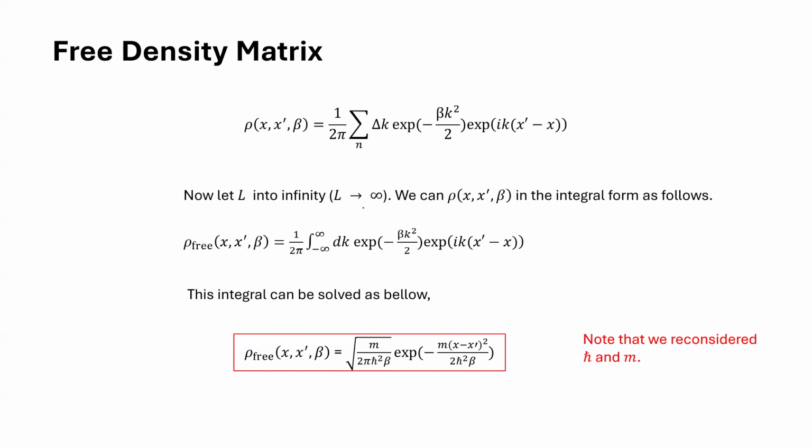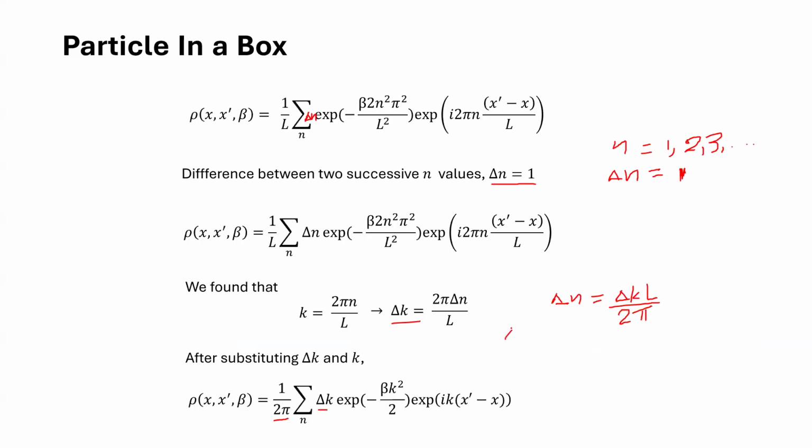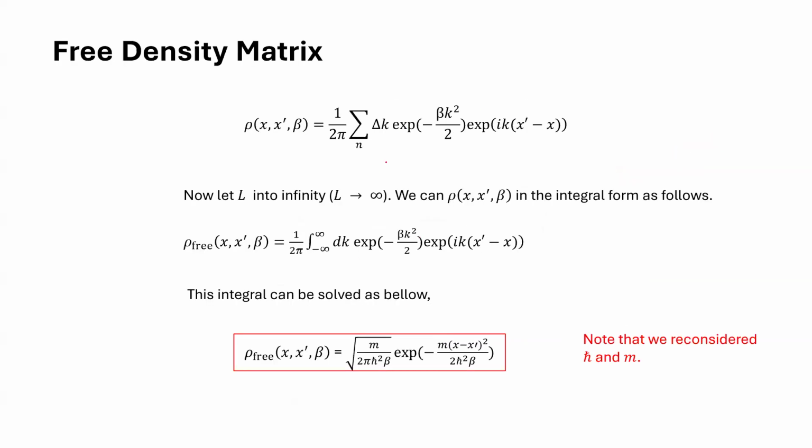So L goes to infinity for a free particle. When L goes to infinity, delta k becomes very small, because delta k is inversely proportional to L. So delta k goes to 0. Therefore, this becomes a continuous problem rather than a discrete problem.